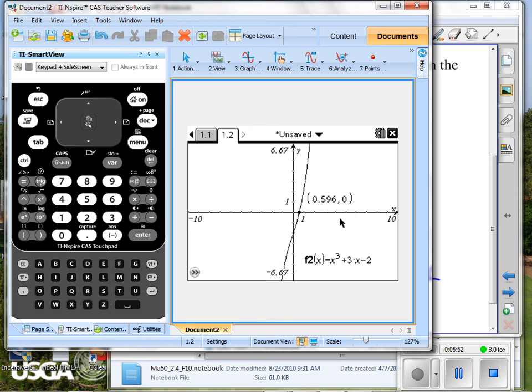Now, what does this information tell me? It tells me that the output is 0 and the input is exactly 0.596? Exactly? .596 is what I have. You don't all have that?